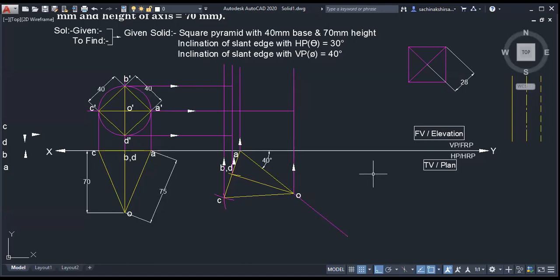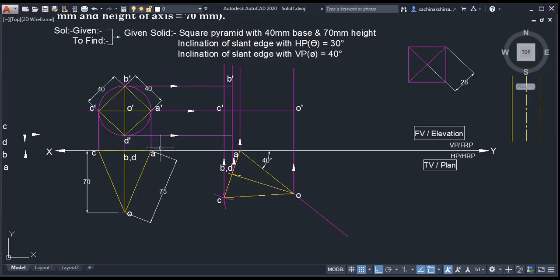Okay, so in this way, now our task is to locate the points. Very simple. Let us first locate O dash point, apex, then B dash. It will be on the middle line. Then point C dash will be here.